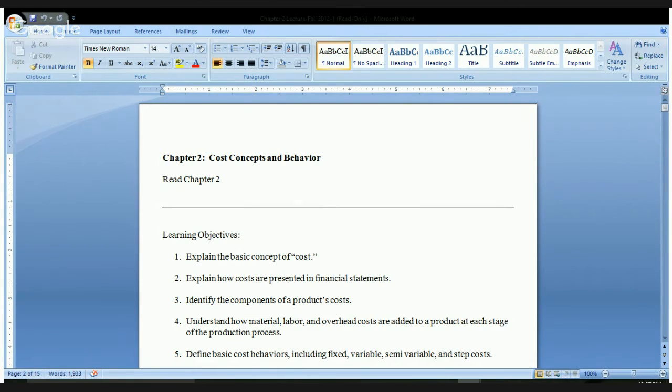So they're either going to be raw materials, work in process, or finished goods. And they are going to be inventory on the balance sheet. And then once we sell the product, they're going to move from finished goods to cost of goods sold. Therefore, they'll become an expense on the income statement.